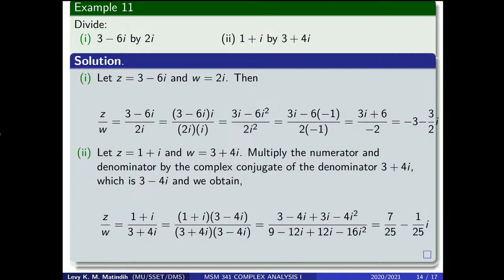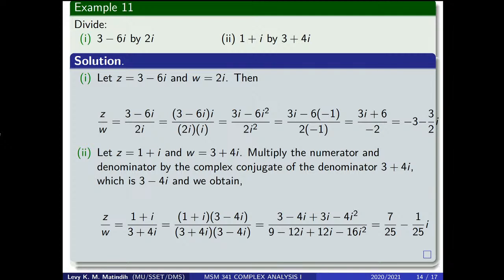So we're going to have 3i minus 6 times -1 over 2 times -1, which will give us 3i plus 6 over -2. Then when you divide through each term by 2, what we're going to get is -3 minus 3 over 2 i. This one now is in standard form. Our real part in this case is -3, and our imaginary part is -3 over 2. Then we have simplified the division of these two complex numbers.